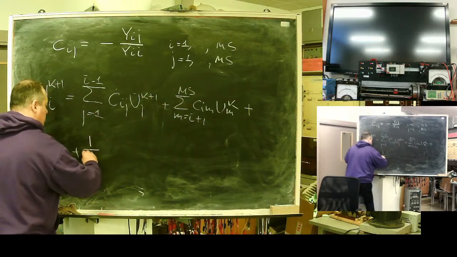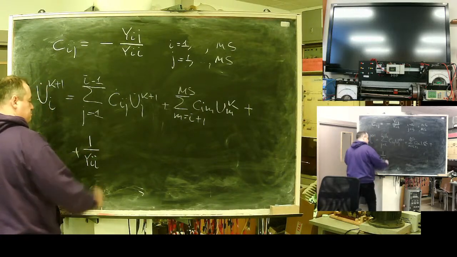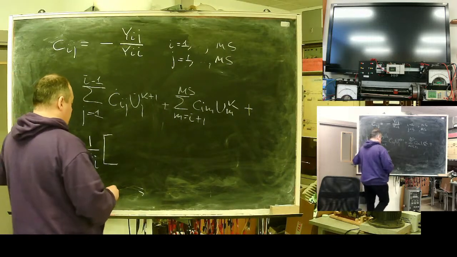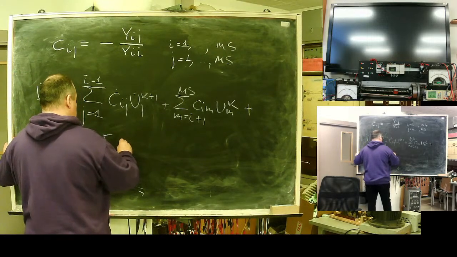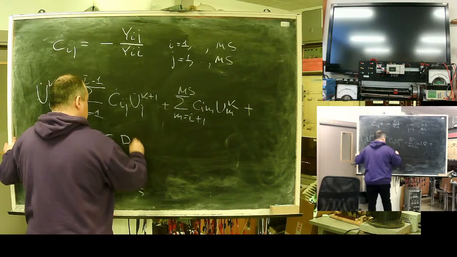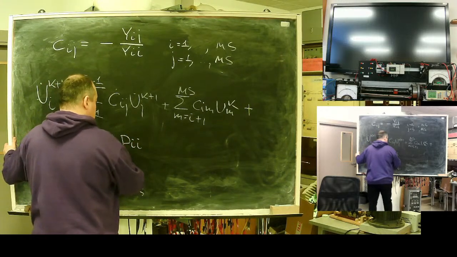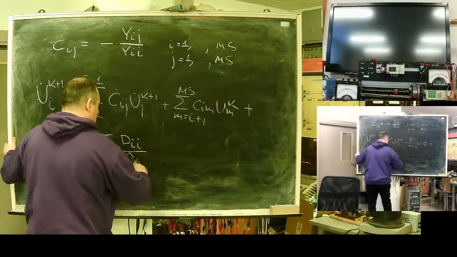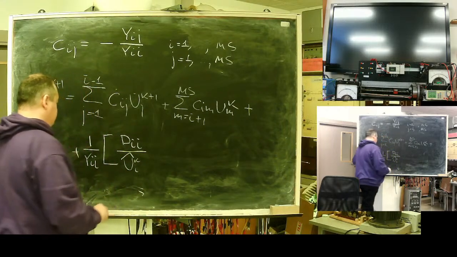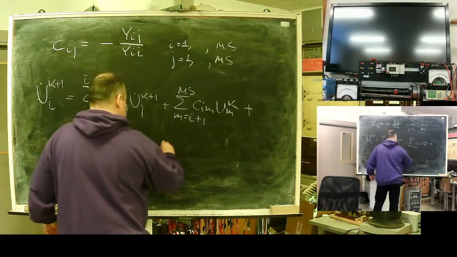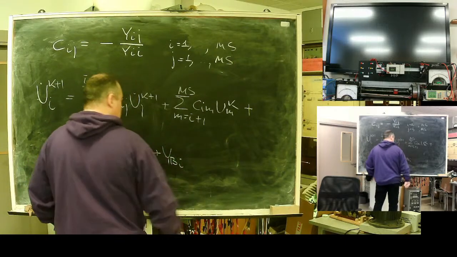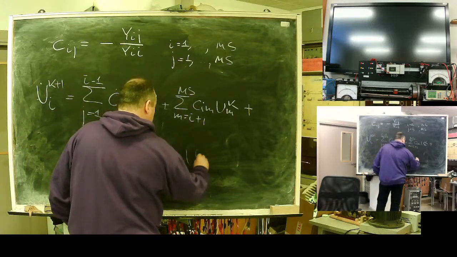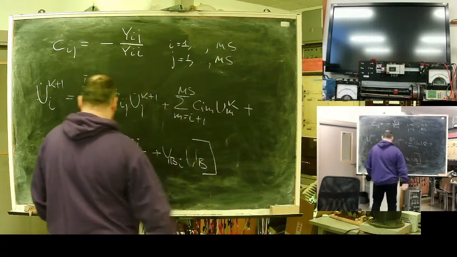The addition is this part. Here we will have conjugated power divided by the conjugated voltage at node i, plus base node conductivity vector element i multiplied by base node voltage.